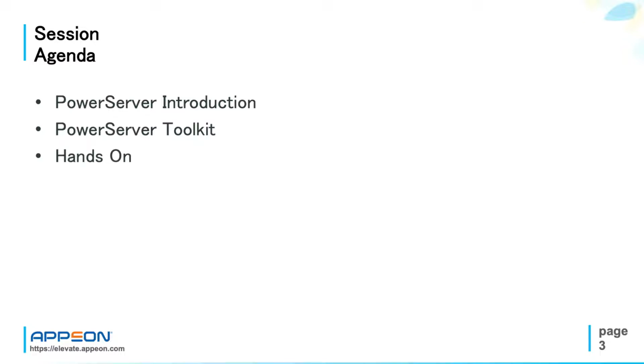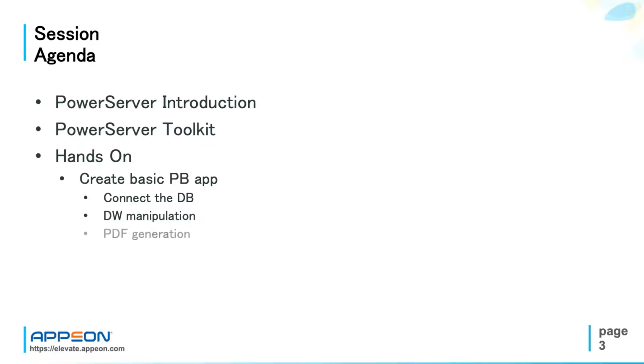Then we move to the hands-on, and during this practical part, we will learn how to create a basic PowerBuilder application that can be deployed to PowerServer. The application can connect to the database, can perform usual DataWindow manipulation, but of course from the web browser or from the native mobile application, and how to generate PDF from a DataWindow.